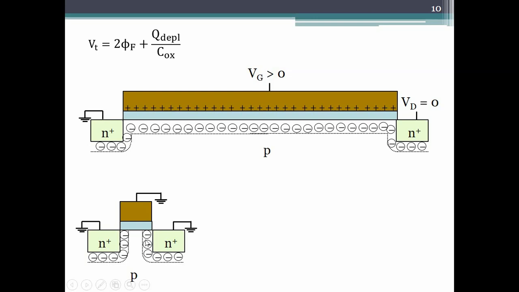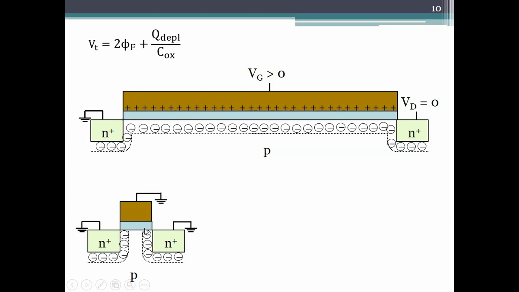So what this is telling us is that when we reduce the channel length, a significant fraction of the depletion layer charge near the surface is already present due to the source body and the drain body junctions. And therefore, the gate voltage necessary to supply this depletion layer charge needs to be smaller, because a significant fraction of the depletion charge is already present.